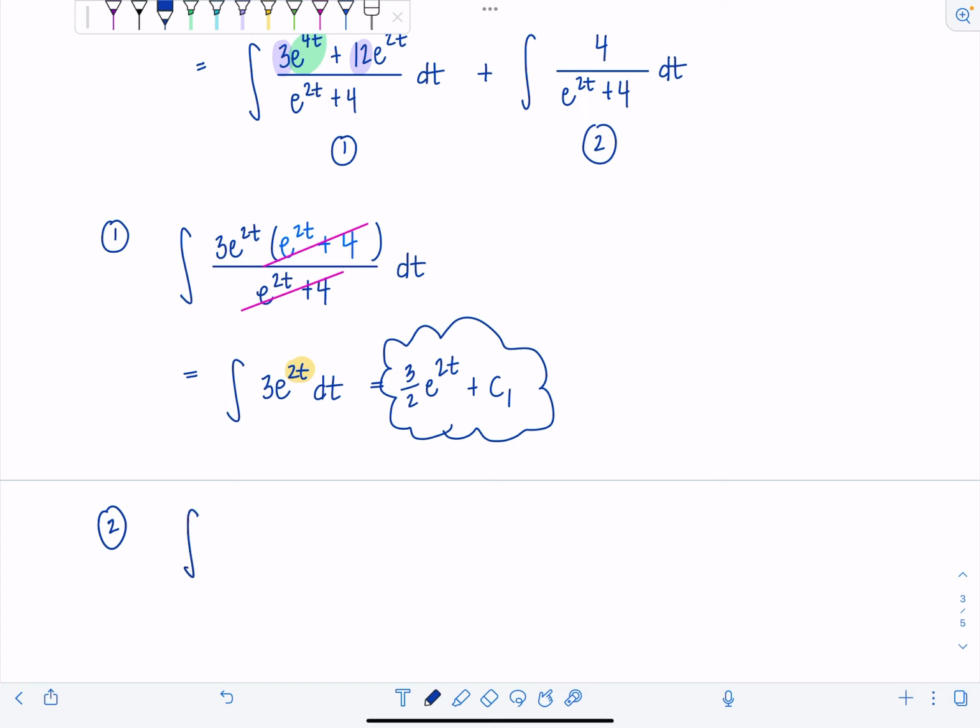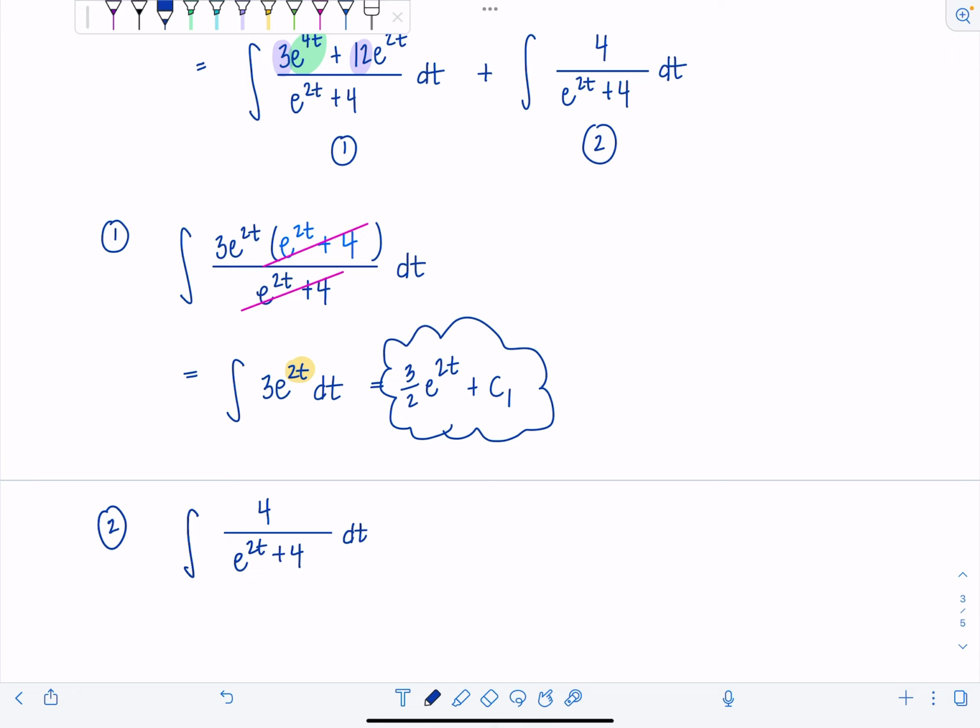Integral 2. What to do? So we've got 4 over e to the 2t plus 4 dt. It's not looking so cute, right? You can't just ln stuff because you see terms in the denominator, okay? Don't go down that path. That's an illegal move a lot of calc students make, and the math police will be hot on your tail.